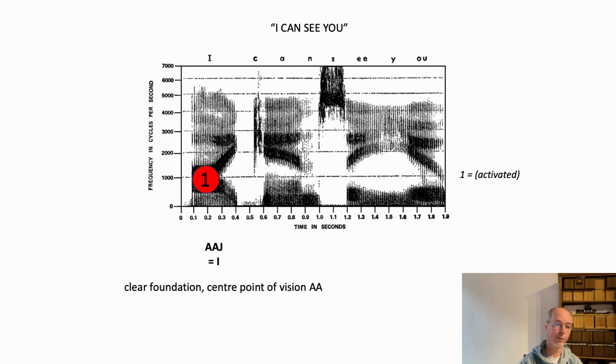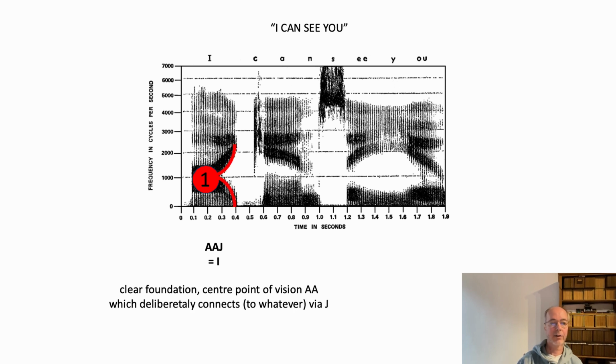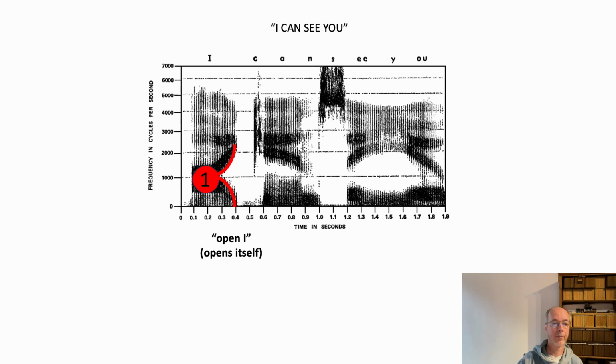So it immediately gives you the association: oh, I have here a clear foundation, and as this becomes my center point of vision, it's A. But it is with the letter Y at the end, so I is opening itself towards whatever it's needed. So the I is my clear foundation, center point of vision, and it deliberately connects to whatever it can connect via the letter Y, as it is supposed to do.